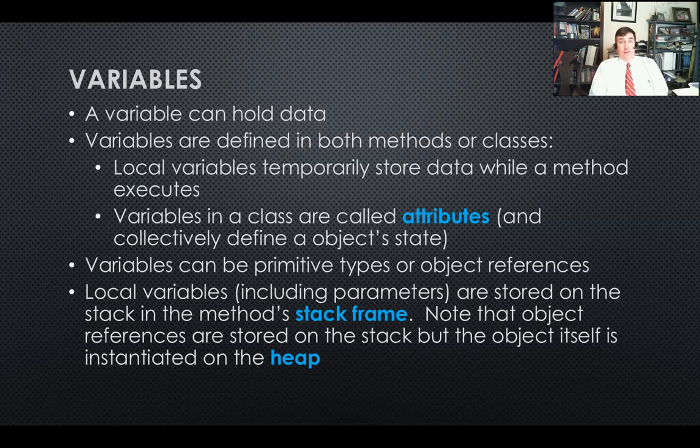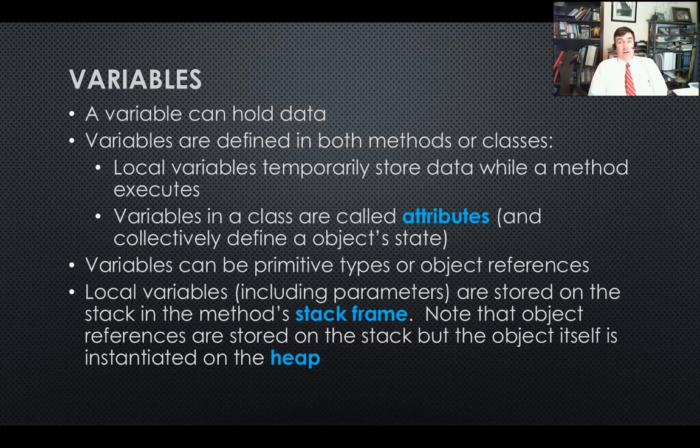Remember, last module we talked about the call stack as the most commonly used reserved section of memory. When the method invocation finishes, the stack frame in the call stack is released and all the local variables go away. They're gone. So nothing permanent is stored in local variables.